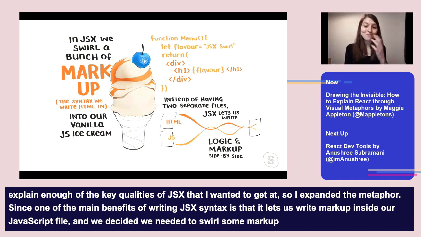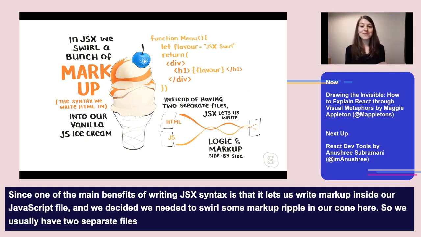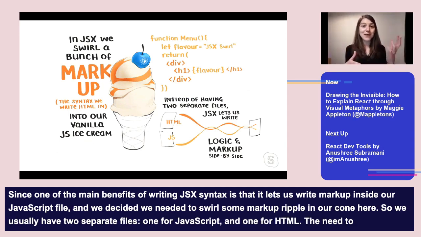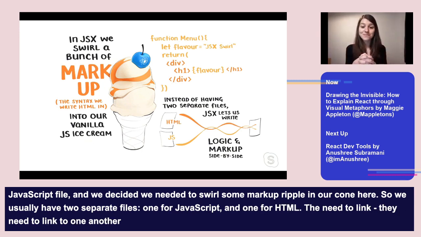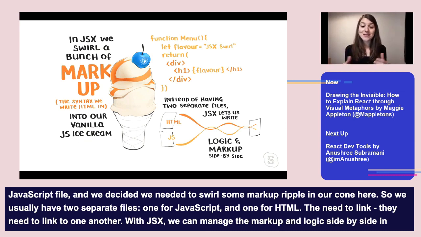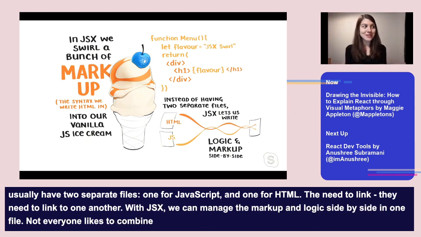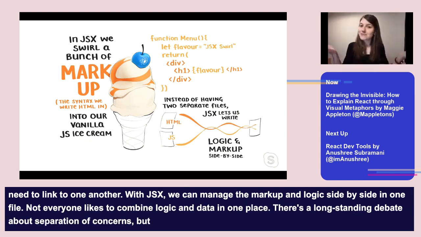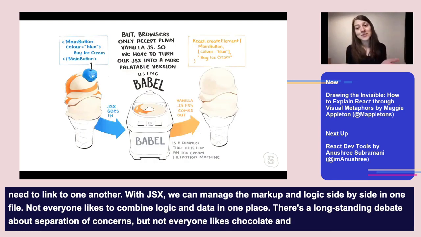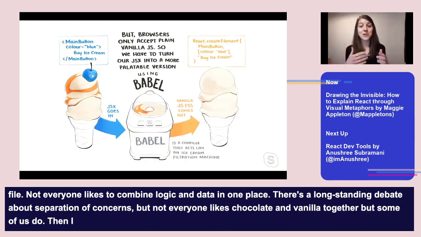We usually have two separate files, one for JavaScript and one for HTML, that need to link to one another, but with JSX, we can manage our markup and logic side by side in one file. Of course, not everyone likes combining logic and data in one place. There's a long-standing debate about separation of concerns, but also not everyone likes raspberry and chocolate swirled together, but some of us do.